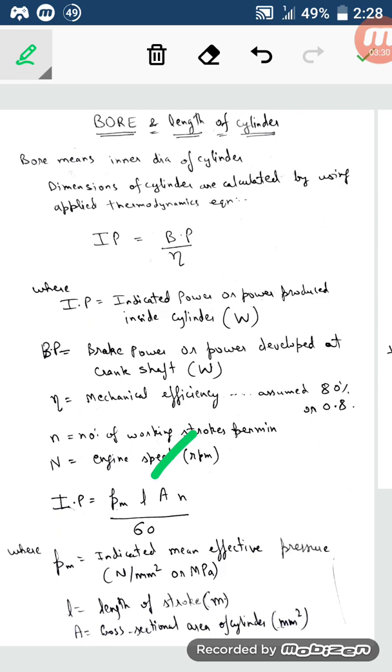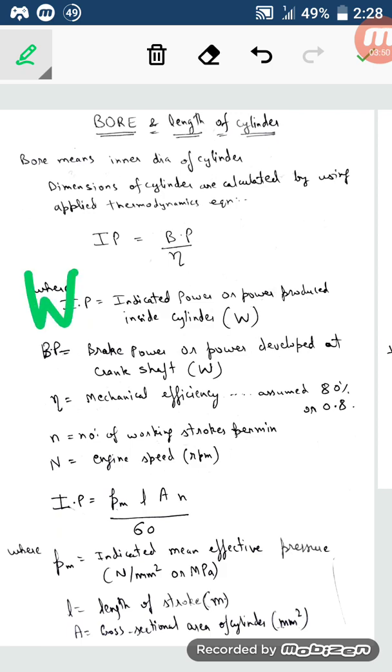I will explain why we are taking length of stroke in meter. Then the area of cross section, which is in mm square, and small n, which is in strokes per minute. So let's do dimensional analysis.